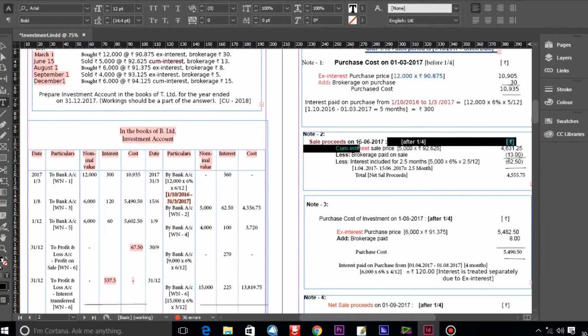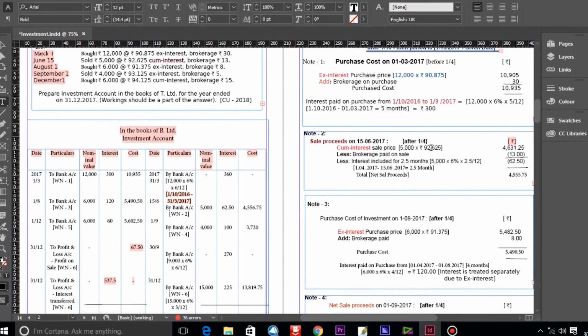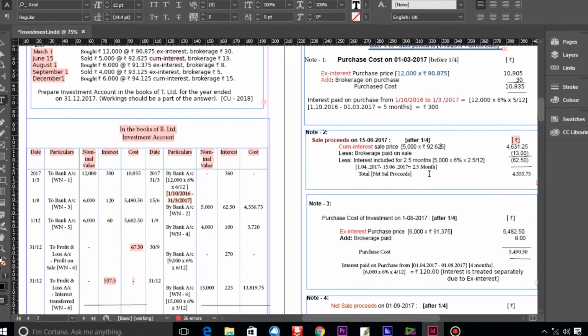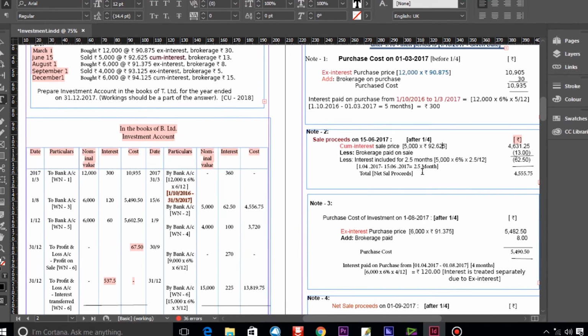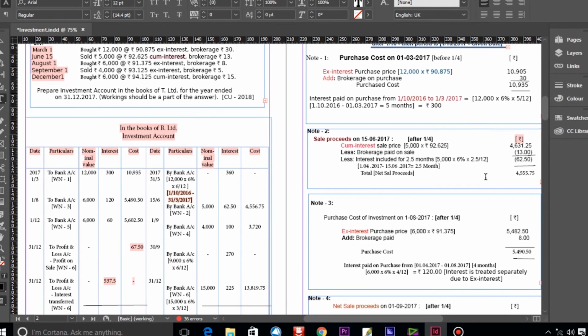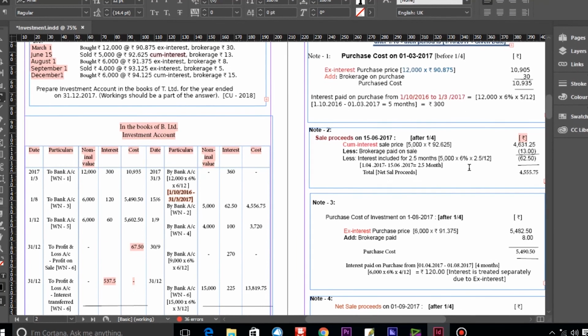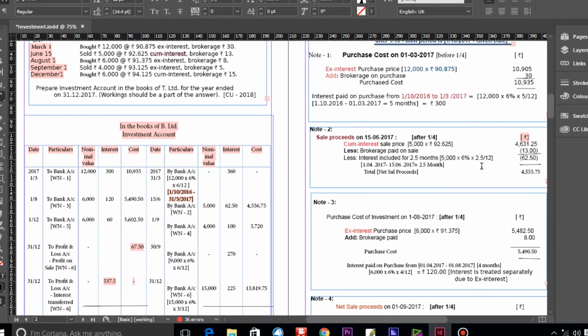So you have to charge interest for 2.5 months at the rate of 6% per annum on rupees 5,000, because you sold 5,000 bonds.